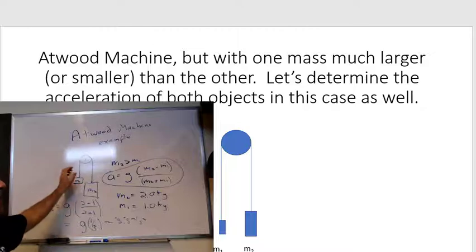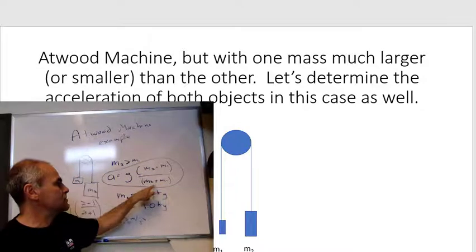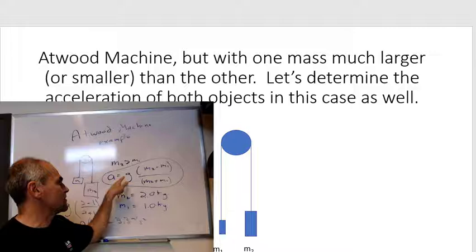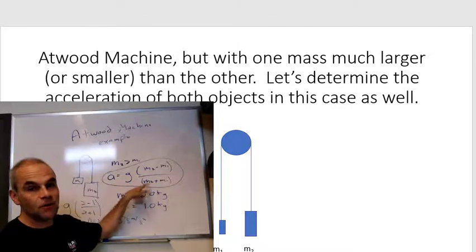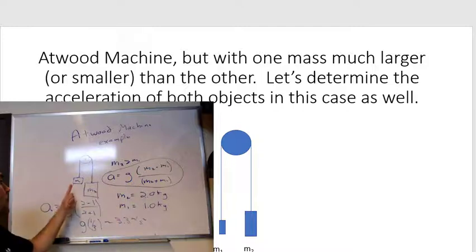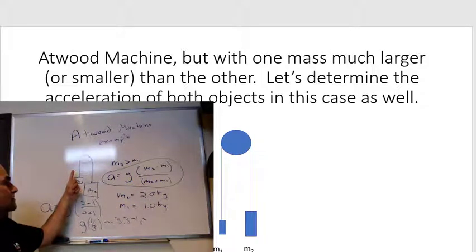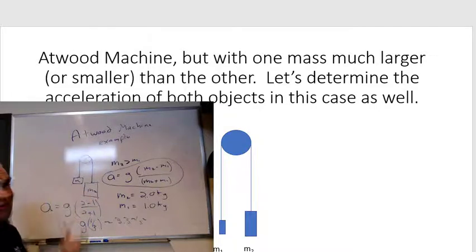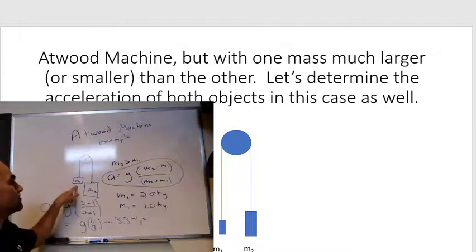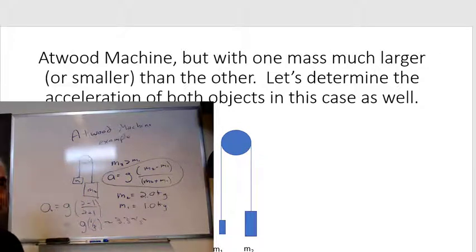So in the limit where m1 is very small and m2 is very big, the acceleration is equal to g times m2 divided by m2, or g. In other words, m1 would accelerate upward at g, and m2 would accelerate downward at g, as if it were in free fall, which essentially it would be. If m1 became incredibly small compared to m2, then m2 would effectively be in free fall, and this end of the rope would just be flying upward at the same acceleration that the other one would be free falling.